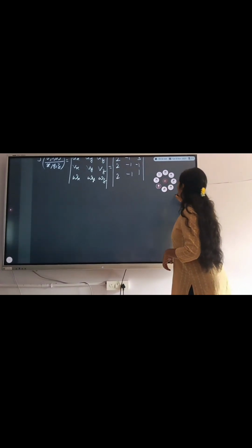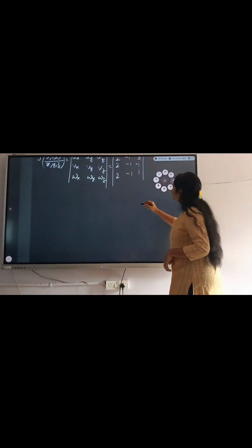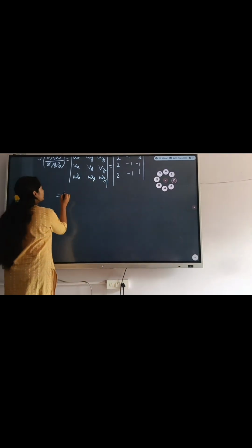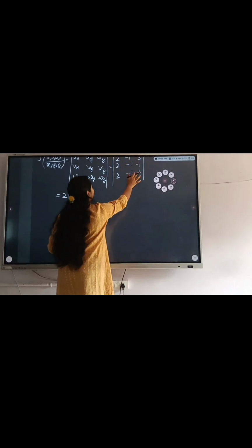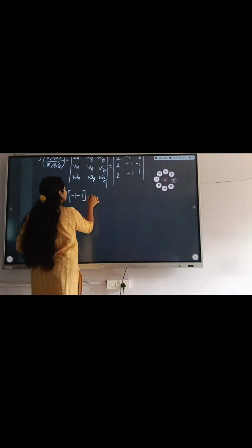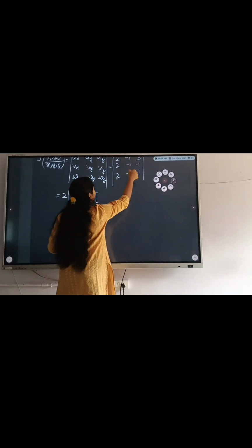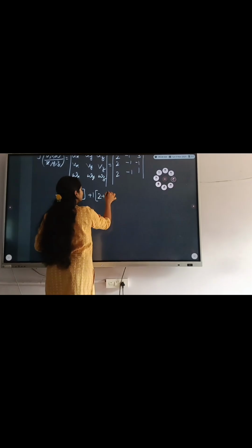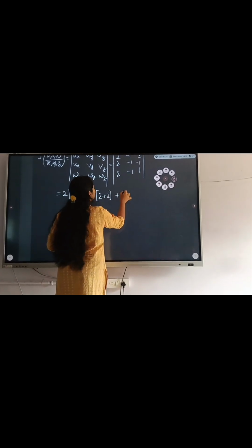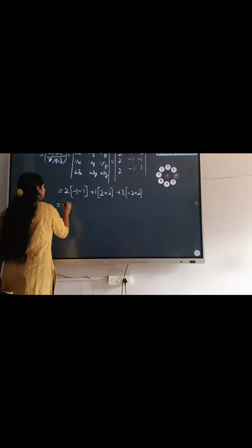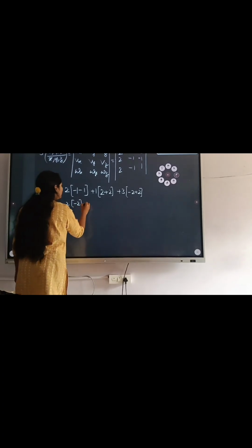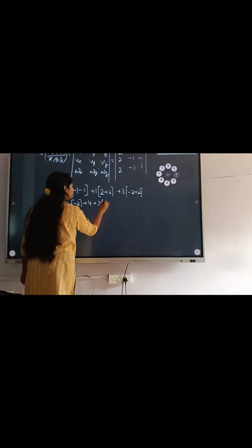Now we will be finding the determinant. That is 2 into (minus 1 minus 1), plus 1 into (2 plus 2), plus 3 into (minus 2 plus 2), which equals 2 into minus 2 plus 4 plus 3 into 0.